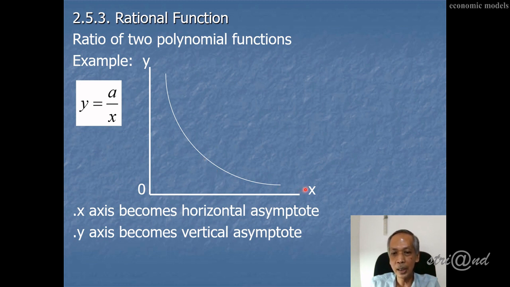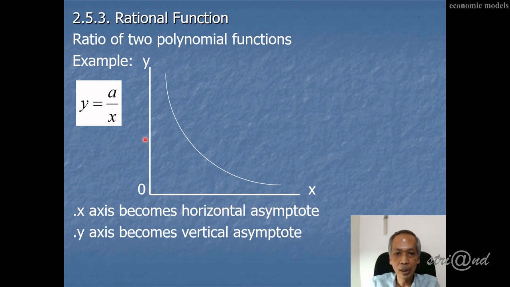It will be so small that it approaches 0, but it will never become 0. So the graph here will always approach the horizontal axis, but it will never touch the horizontal axis. That is why this horizontal axis in this example is the horizontal asymptote.